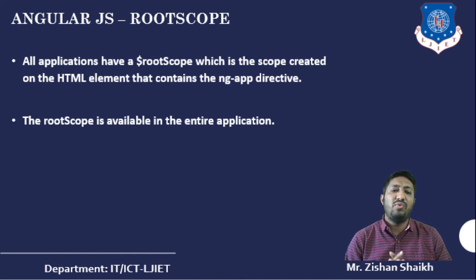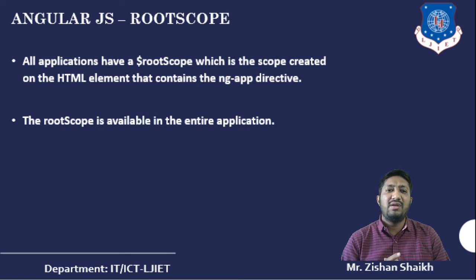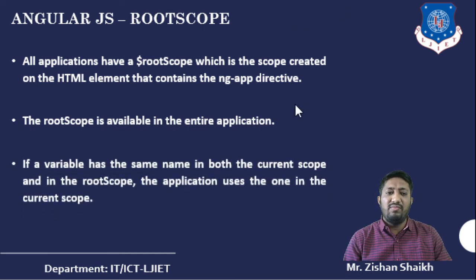Once you give any values, those values can be used anywhere in our web application, whereas in a scope variable our values can be used only within the division in which our controller is applied. So the limitation of the scope variable is eliminated using the root scope variable.